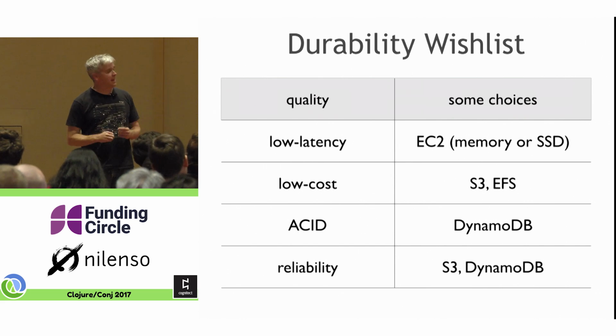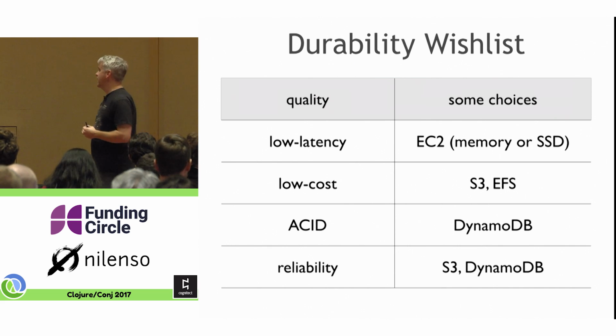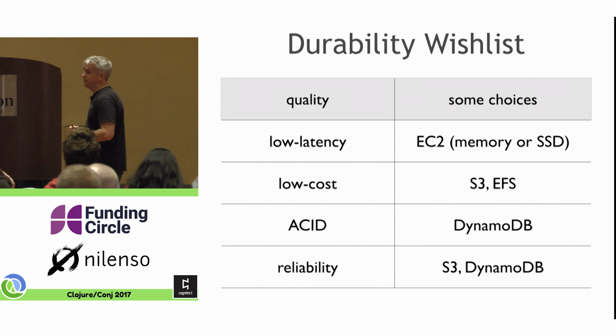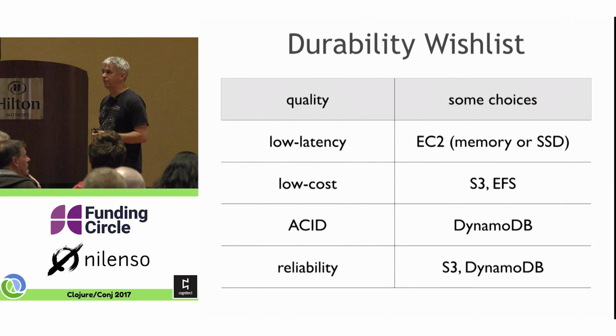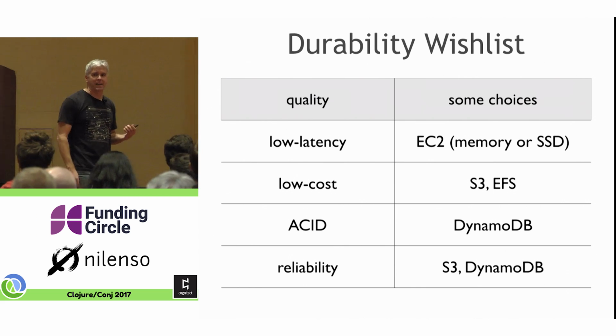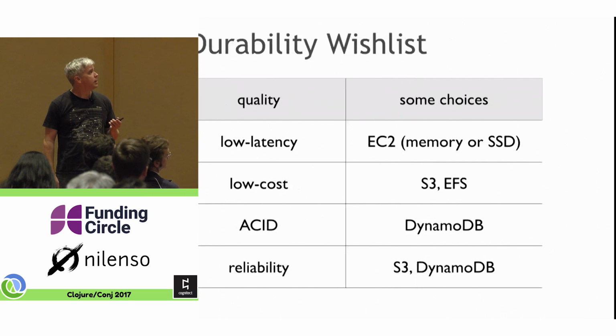So I want something like DynamoDB, which, by the way, is categorically more expensive than all these other things. But I also want to have, whatever AWS says, 11 nines of durability, reliability, so I'm back to something like S3. And this is another one of those I-want-to-have-my-cake-and-eat-it-too kind of moments. So, what do?